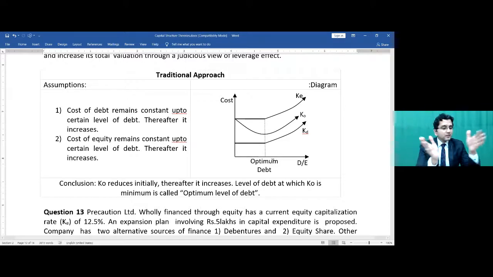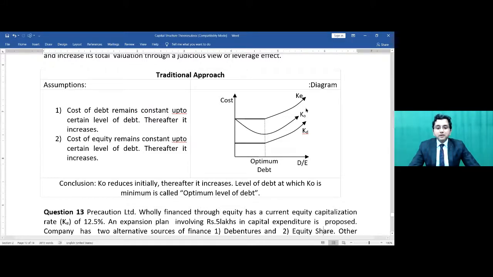Let's keep income tax aside for now. Let's assume there is no income tax to make our life simple. NI says yes, it affects. NOI says no, it doesn't affect. M&M says no, it doesn't affect at all.